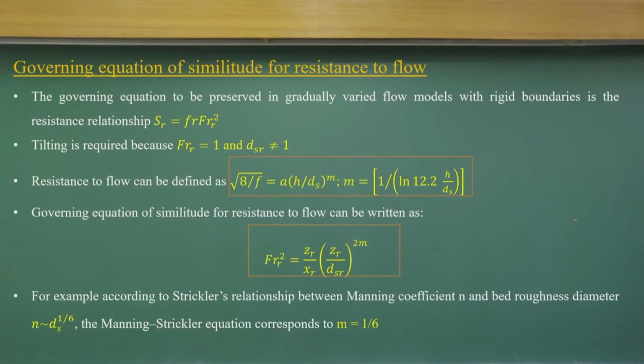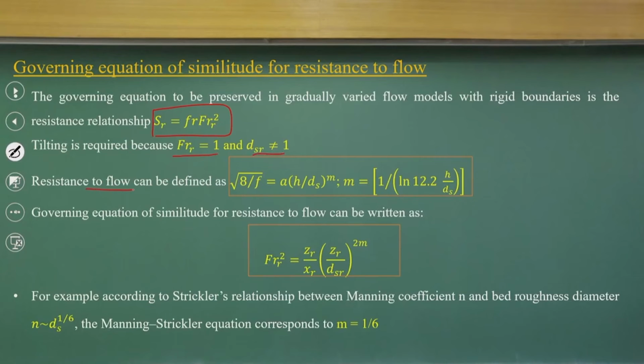Okay. That way, you have two equations to be satisfied here: the flow Froude number as well as the flow resistance equation. To satisfy both, we are writing the resistance equation in terms of the flow Froude number, as the flow Froude ratio is equal to 1 and you have a dxr not equal to 1.